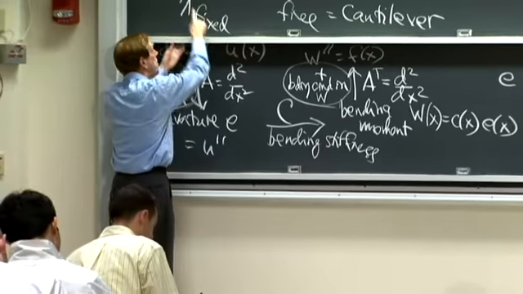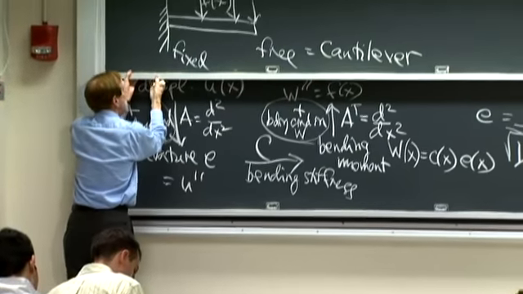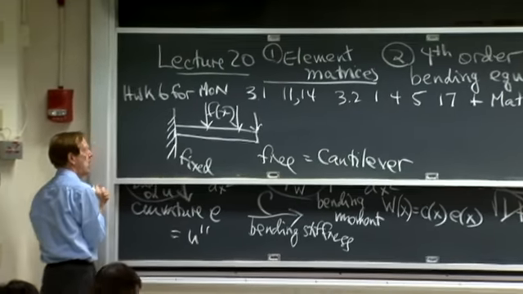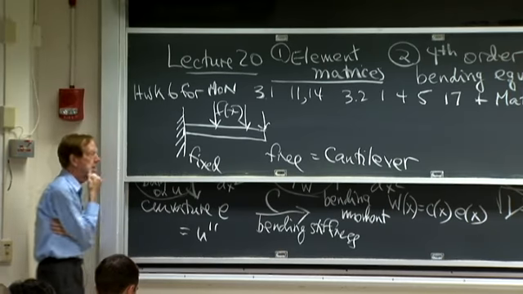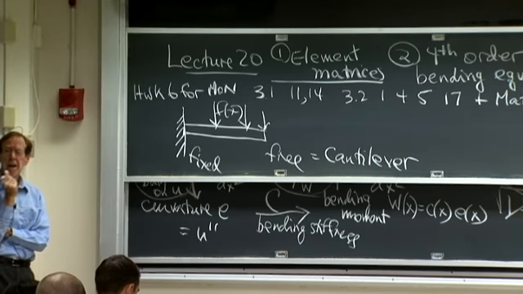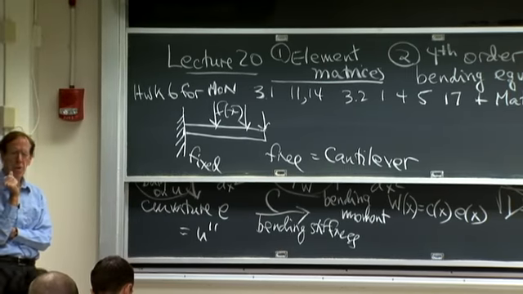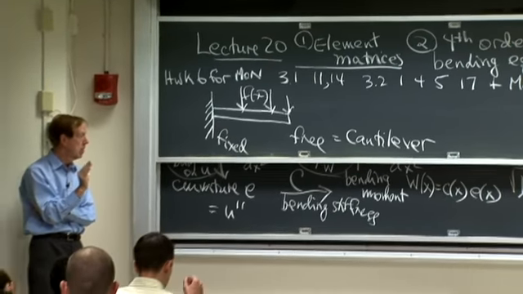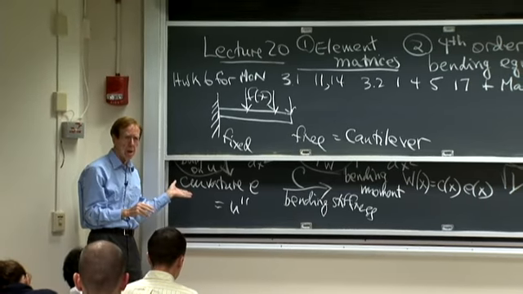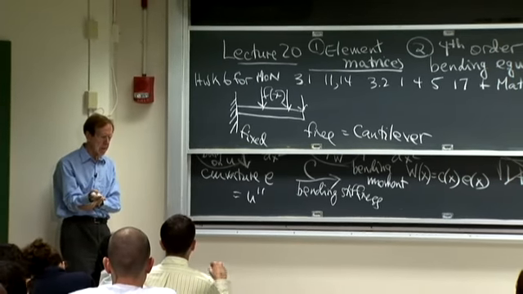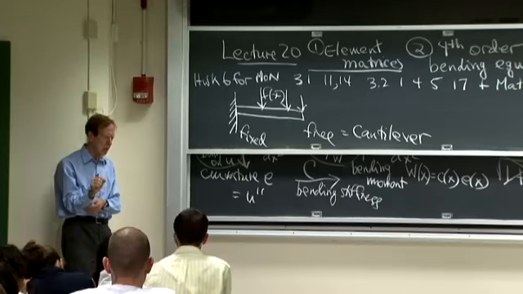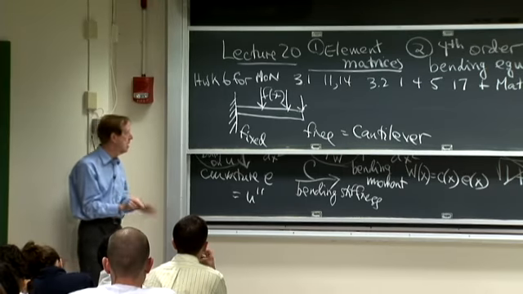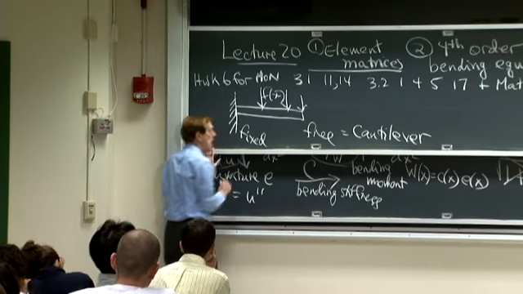And of course, that depends on my picture. While we're at it, what do you think is the boundary condition here? And how many boundary conditions am I going to look for altogether? 4 altogether, because I have a fourth order equation. There will be 4 arbitrary constants until I plug in boundary conditions. So I'm looking for 4 boundary conditions, 2 at this end, 2 at that end now.